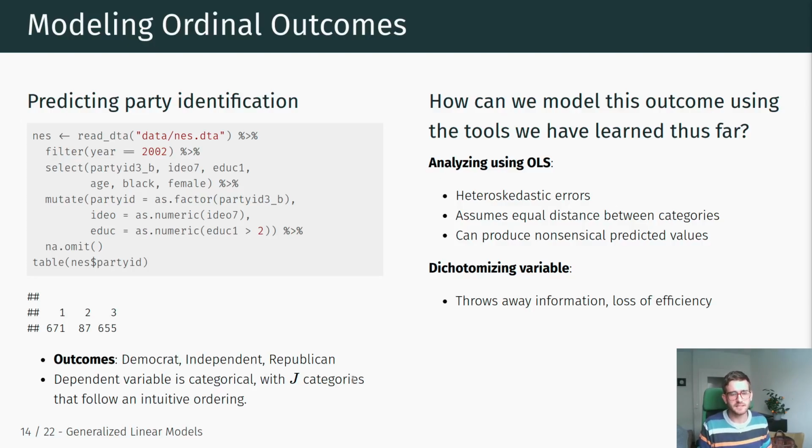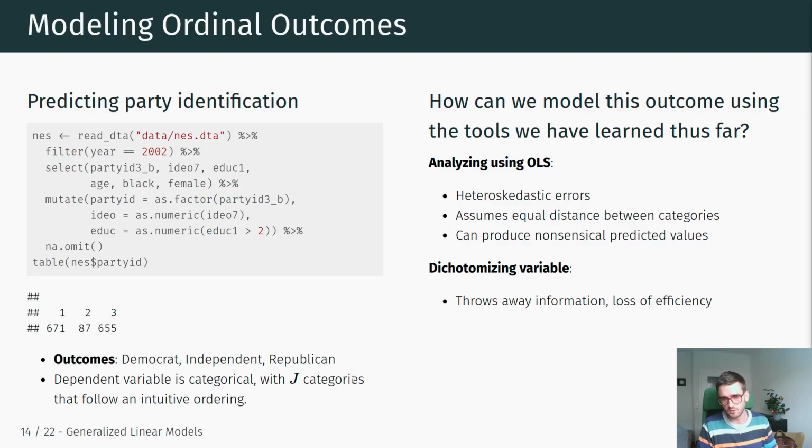If we're analyzing an outcome measure like this that is categorical or ordinal with an inherent ordering, but discrete, we have a couple of violations of the standard linear model. One is that we definitely have heteroscedastic errors, similar to introducing heteroscedasticity as soon as we use the linear probability model.